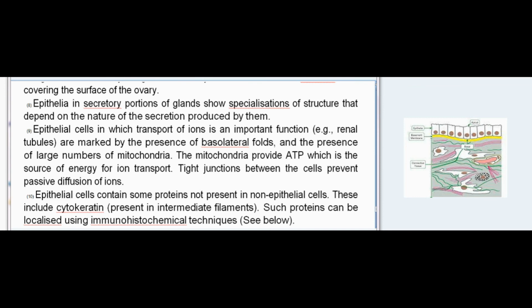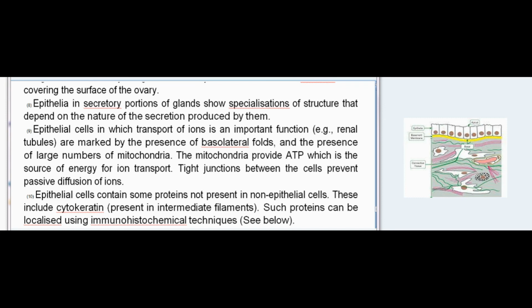8. Epithelia in secretory portions of glands show specializations of structure that depend on the nature of the secretion produced by them. 9. Epithelial cells in which transport of ions is an important function, for example renal tubules, are marked by the presence of basolateral folds, and the presence of large numbers of mitochondria. The mitochondria provide ATP, which is the source of energy for ion transport.